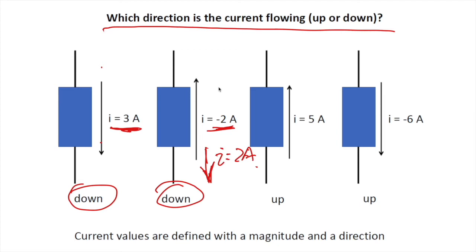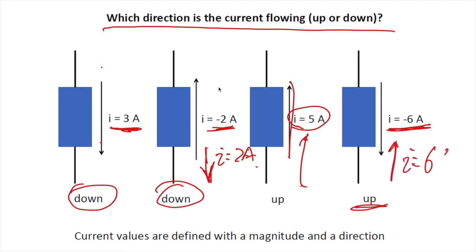The third one, the reference direction is up and the current is positive. So the actual current is up. And the last one, the reference direction is from up to down, but the current is a negative value. We reverse the reference direction and I equals 6 ampere.